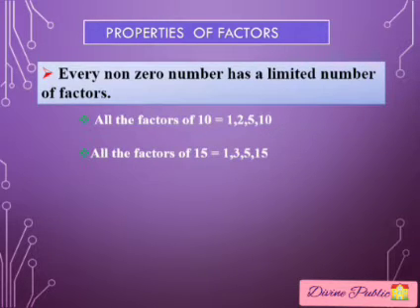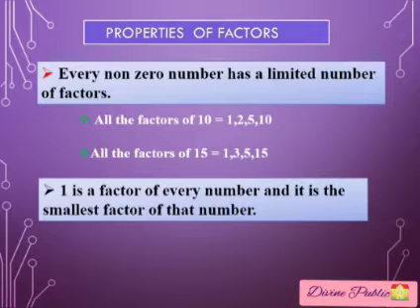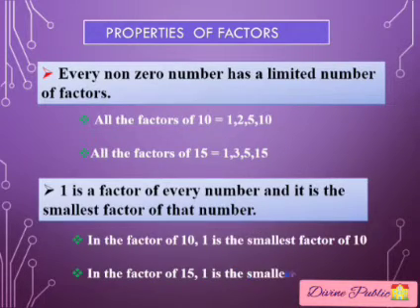All the factors of 15 are 1, 3, 5 and 15. Second, 1 is the factor of every number and it is the smallest factor of that number. For example, in the factors of 10, 1 is the smallest factor of 10, and in the factors of 15, 1 is the smallest factor of 15.